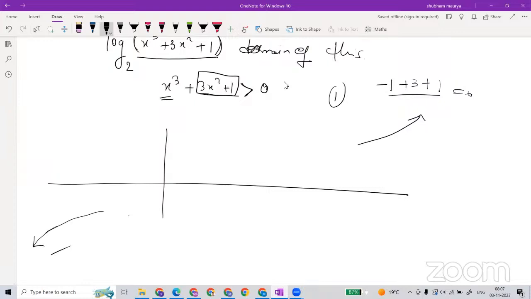This could be negative. Okay, correct. You said this one, but think about this one. This part will never be negative; it is a square. This could be negative. So if it is 3x square plus 1, we can say x cube should be greater than the negative of 3x square plus 1.